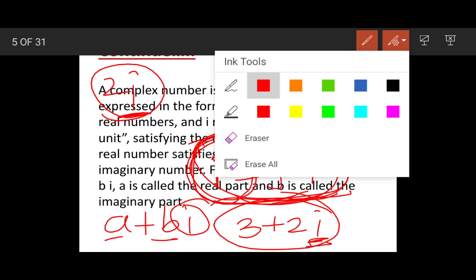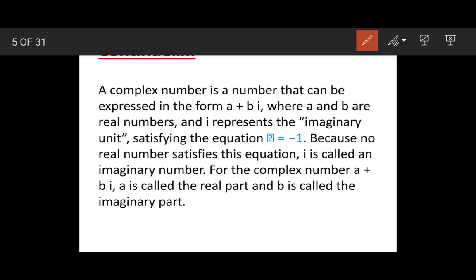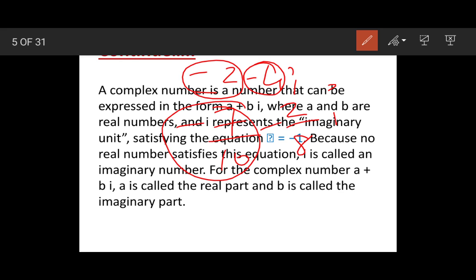See the examples of complex numbers, -2 minus 4i. Here a is -2 and b is -4. Then -7 upon 10 minus 2 upon 8 i. So a is -7 upon 10, b is -2 upon 8. All of a and b are real numbers. So in place of a and b, any real number can be there.